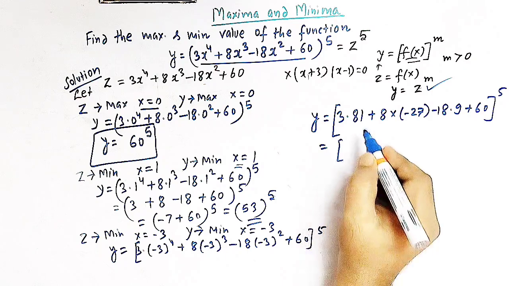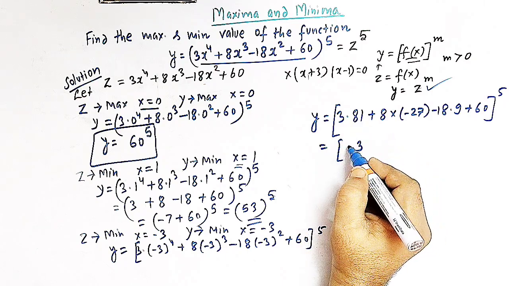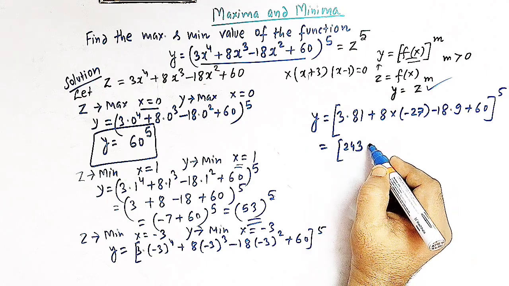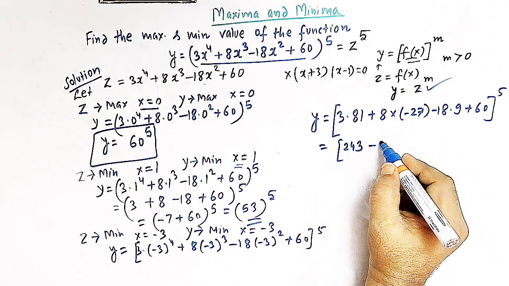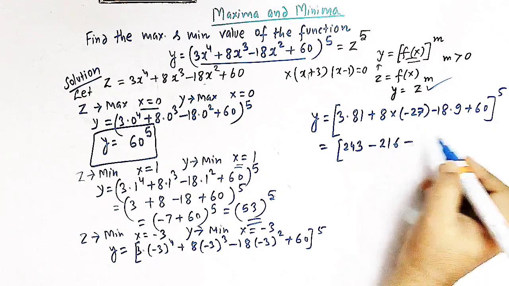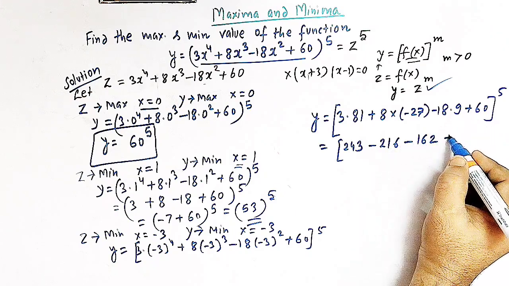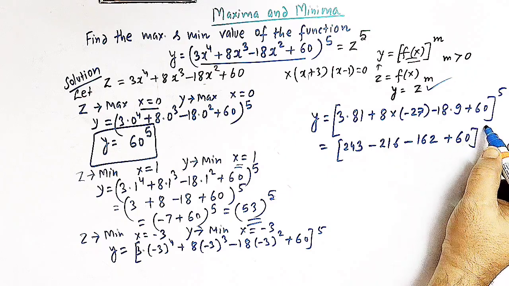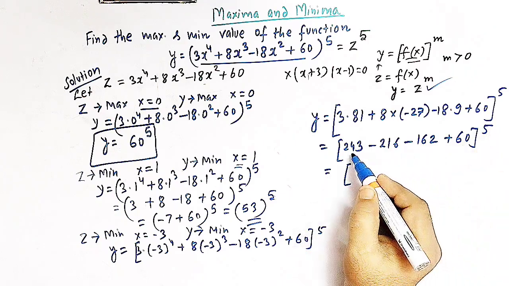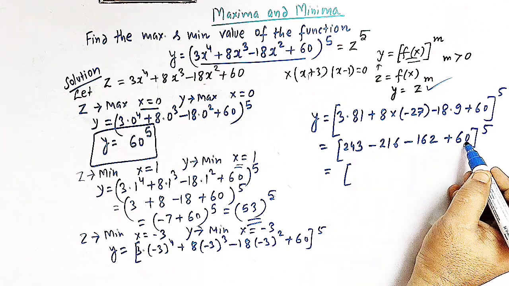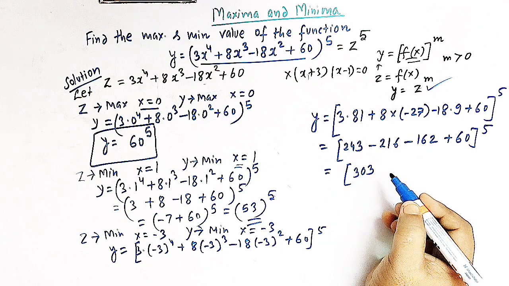And here we have 3 times 81, that is 243, and here we have -216, and here we have -162, and then we have 60 raised to 5. So now we can have 243 plus 60, which is 303, right?